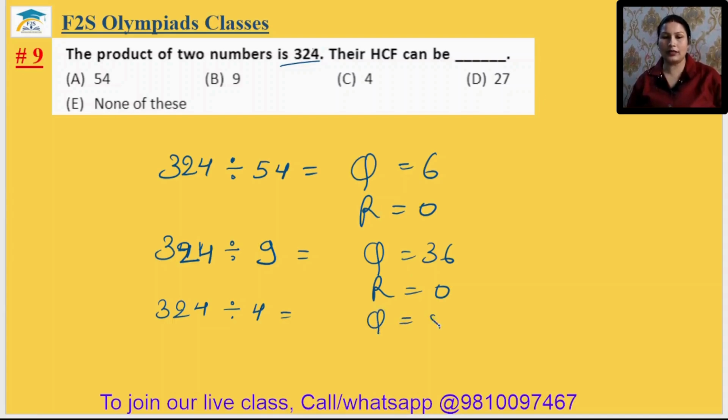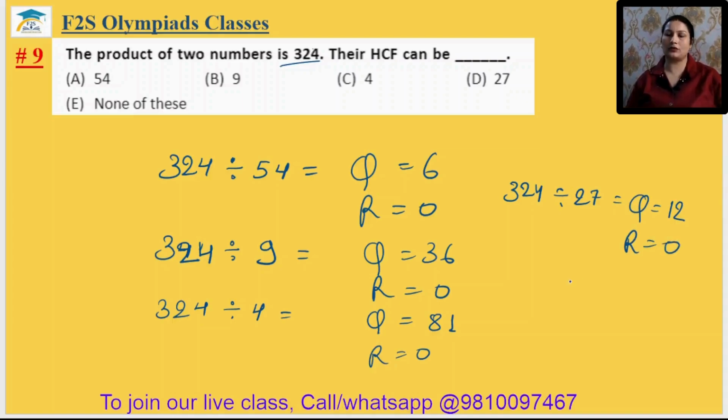Quotient will be 81. Remainder is 0. Now 324 is divisible by 27 or not. You can check 324 divided by 27, you will get 12. Remainder 0. Okay?